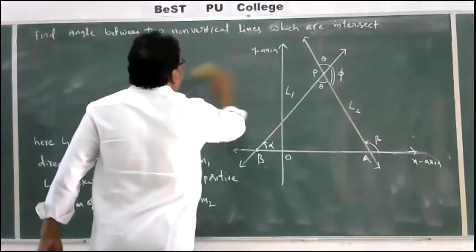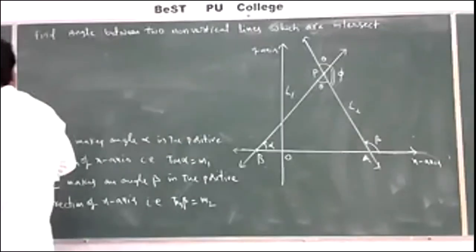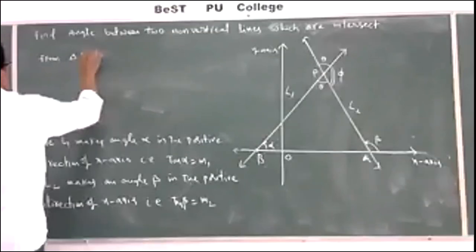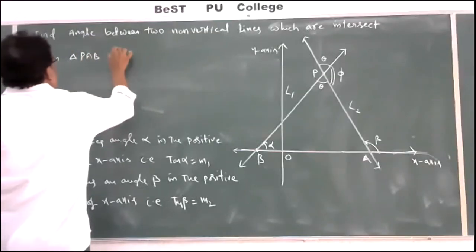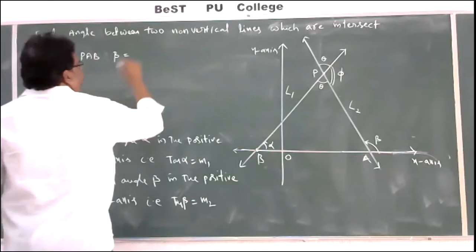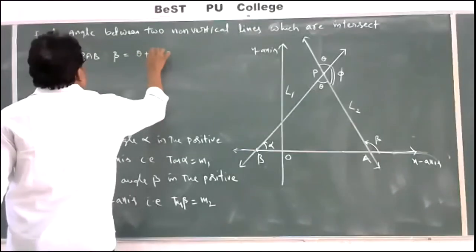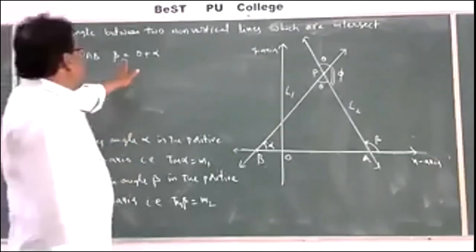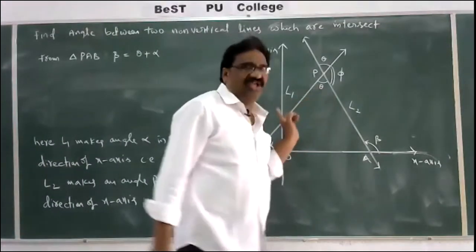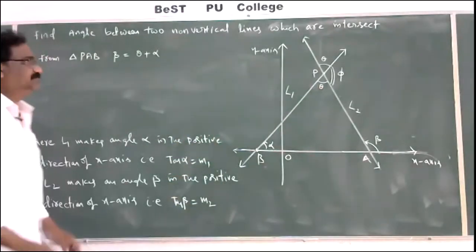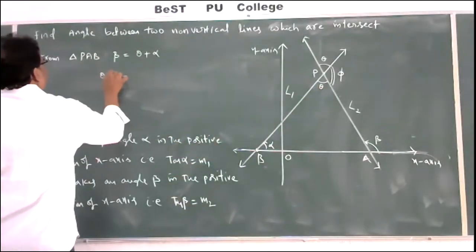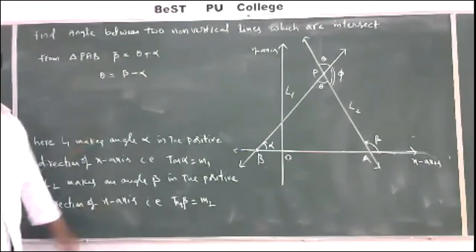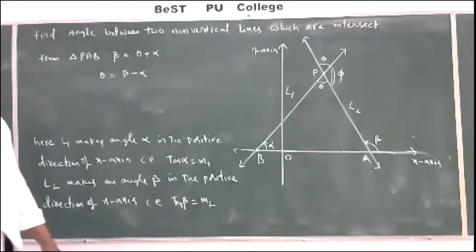From triangle PAB, beta is equal to theta plus alpha. From this, theta is equal to beta minus alpha. You bring alpha to this side.